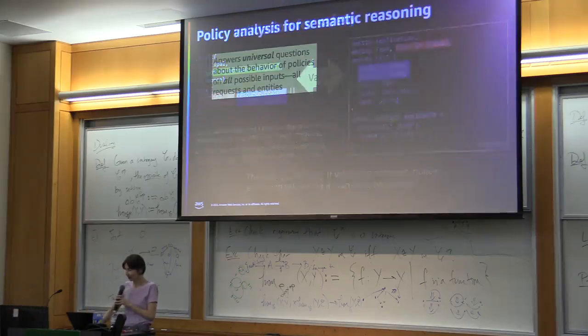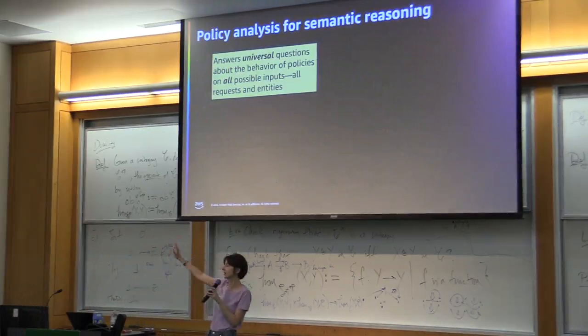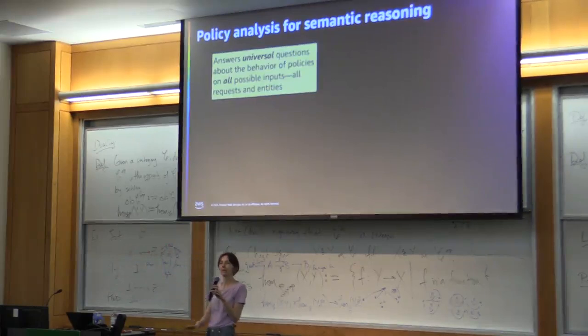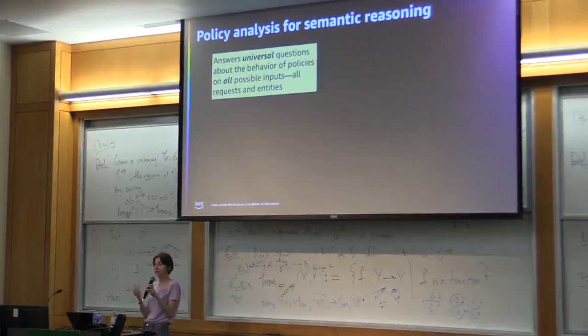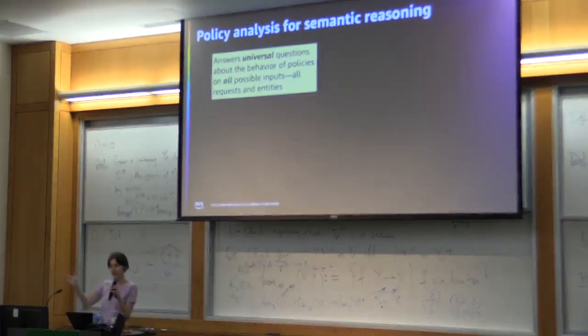Okay, so, well, type checking is cool, but in some sense, it's a pretty shallow analysis, right? It only tells you whether you got your types right. It doesn't tell you anything about whether you got the logic of your policies correct, right? Whether it actually satisfies whatever invariants you had in mind when you wrote those policies, right?